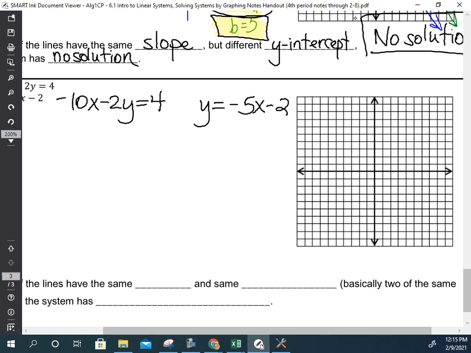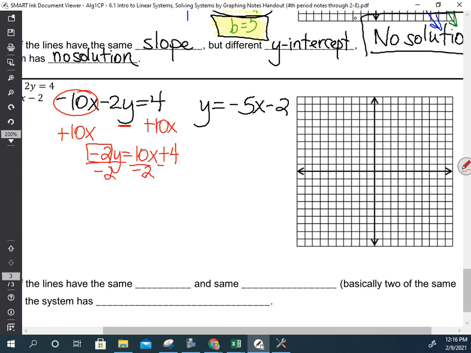So if you get the first equation correctly, you need to get y by itself, because it's not by itself. So negative 10x, you should have added. That's negative 2y equals 10x plus 4. Then you got to get rid of the negative 2. Divide by negative 2.